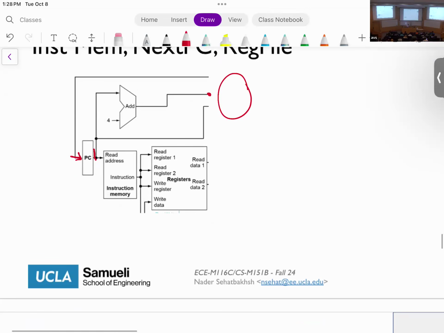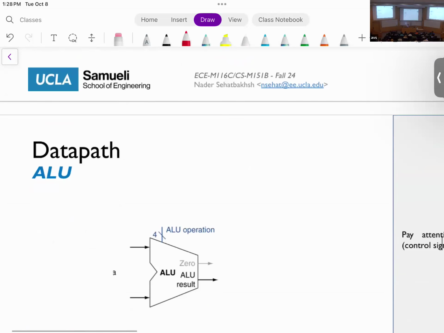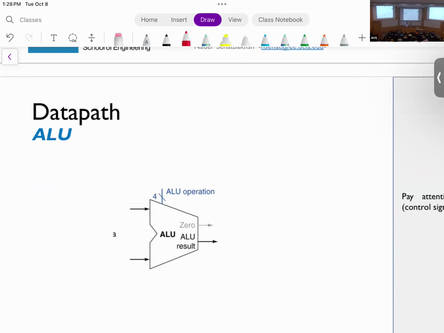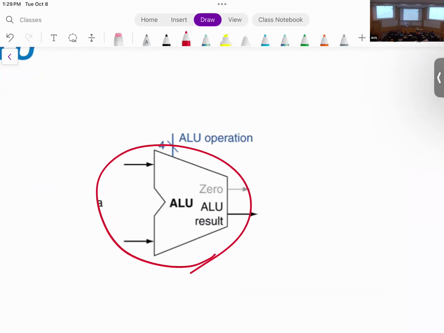Okay. So now let's talk about the next important thing, and that is your ALU. ALU, again, we show it similar to the add. The difference is that the ALU could do different operations. Remember, we can support XOR and sub and AND and so on in those 10 instructions that we have. So what does the ALU take?